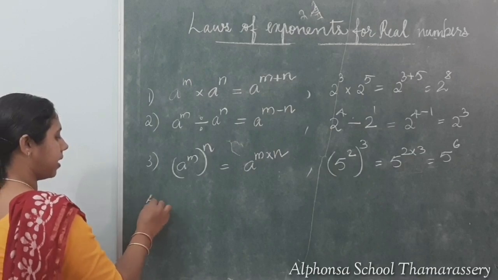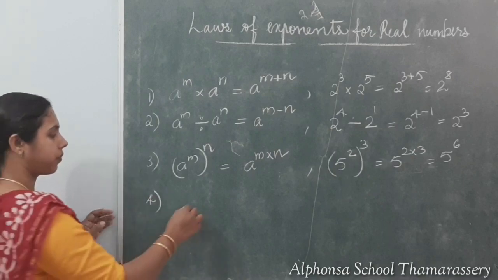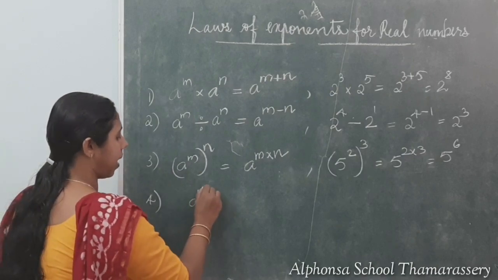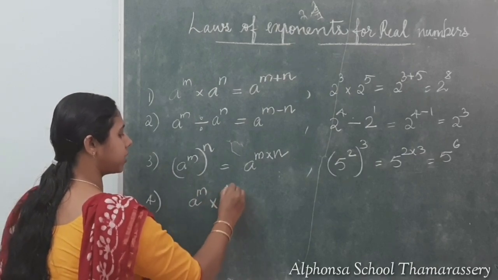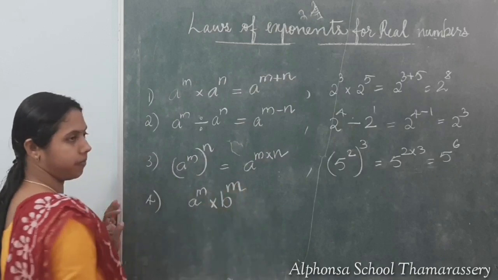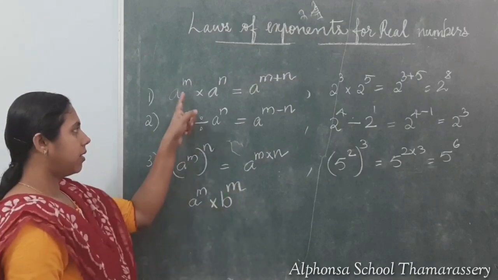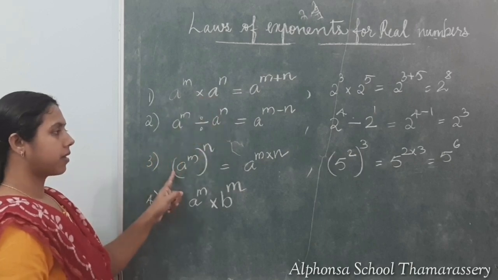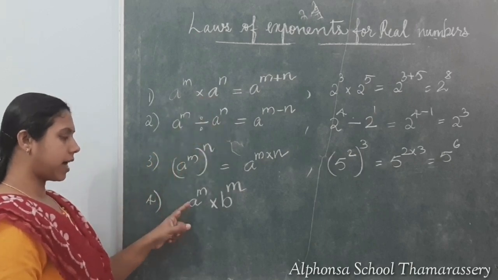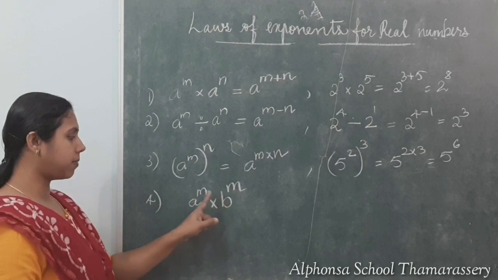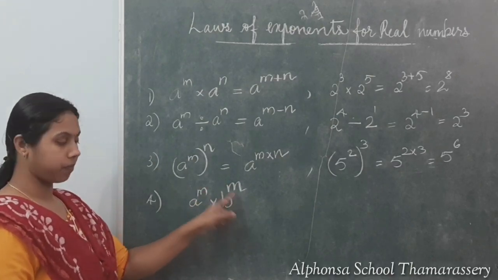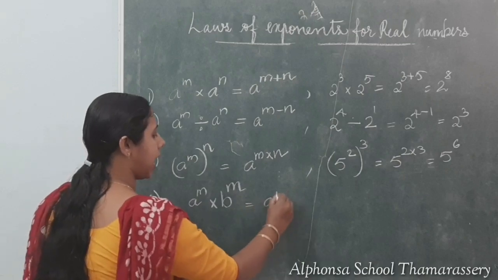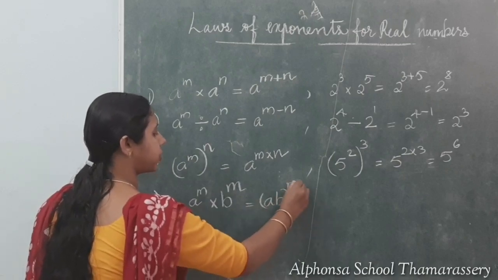And the fourth law is a raised to m into b raised to m. In the first three cases, the bases are same. In the fourth one, you can see that the bases are different, but the exponents are same. So, a raised to m into b raised to m is equal to ab whole raised to m.